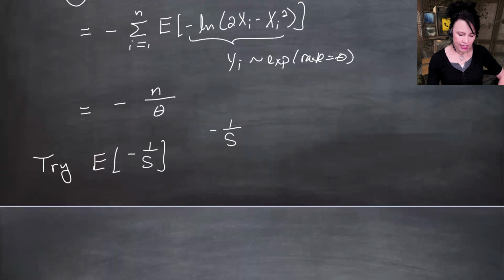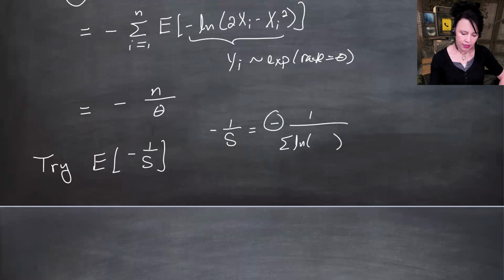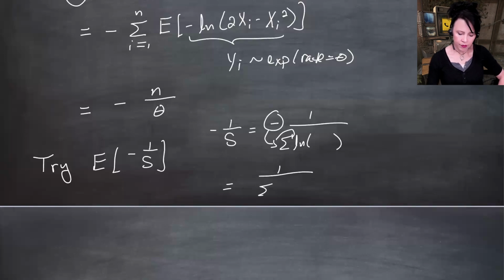Negative 1 over s is the negative of 1 over the sum of these logs. I can bring that negative down in here. Then I have 1 over the sum of the yi's defined with the negative. The yi's are exponential with rate theta. This is a sum from 1 to n.